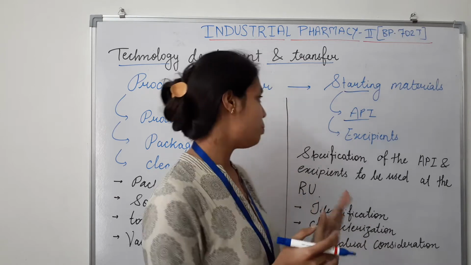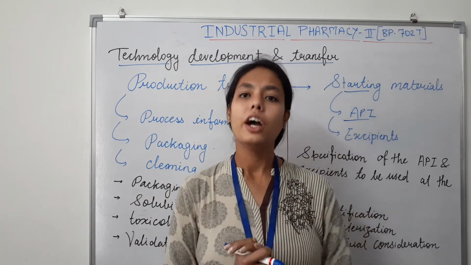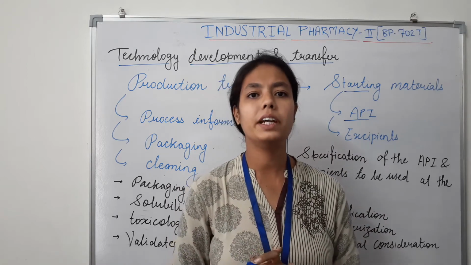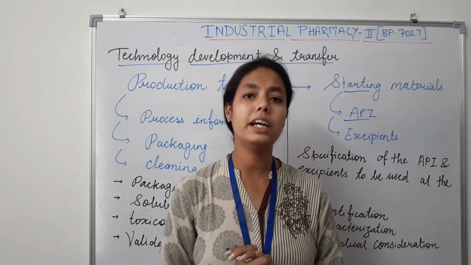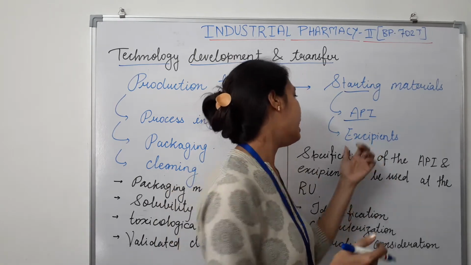That means in this particular case, the list of excipients used, like antioxidant, preservative or any other kind of excipient which has to be used in our formulation, should be enlisted.